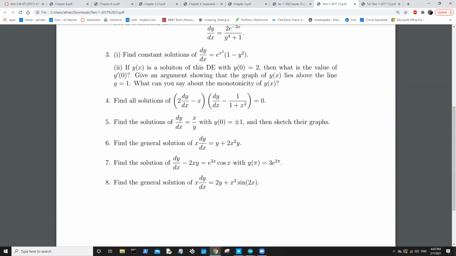We don't have an IVP here, so we're just going to have arbitrary constants in the solution. So this should be y is equal to x squared, or negative 2x squared cosine 2x plus c. I done goofed there. It's negative 1 over 2 x squared cosine 2x plus c.